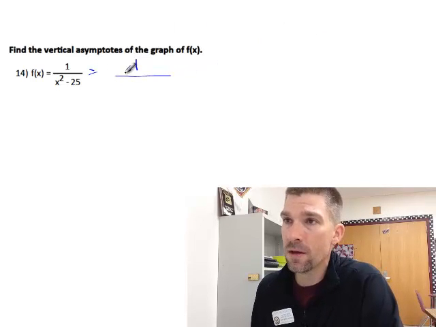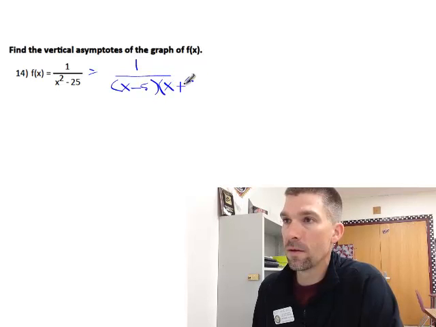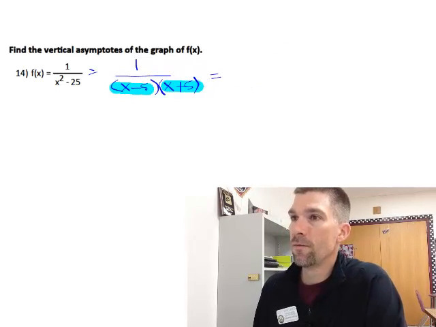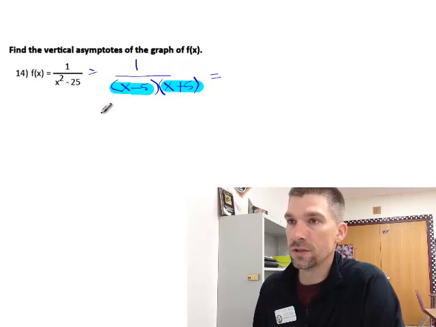And then on the bottom, factor this. When you factor this, you're going to get x minus 5 and x plus 5. And when you factor it this way, what you want to do is take these bottom pieces and set them equal to 0.